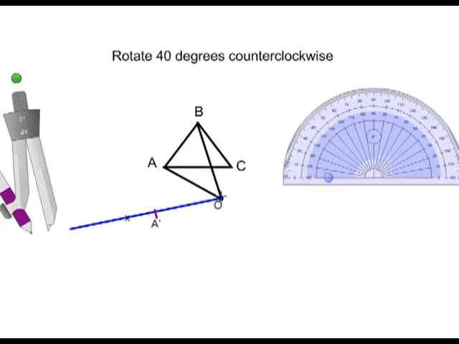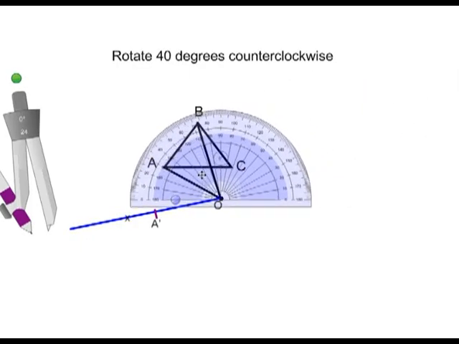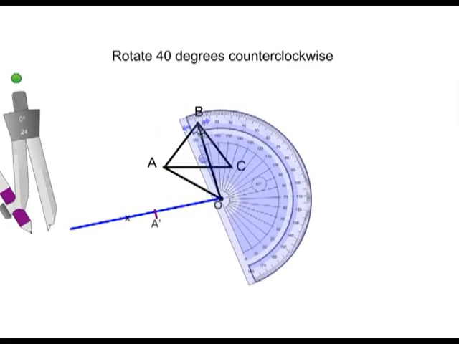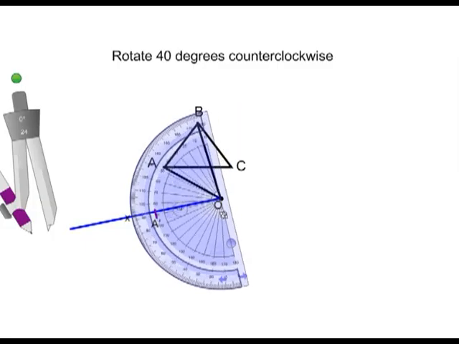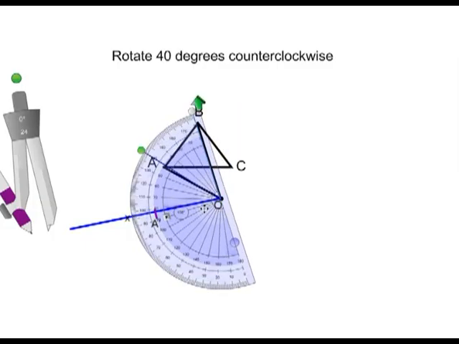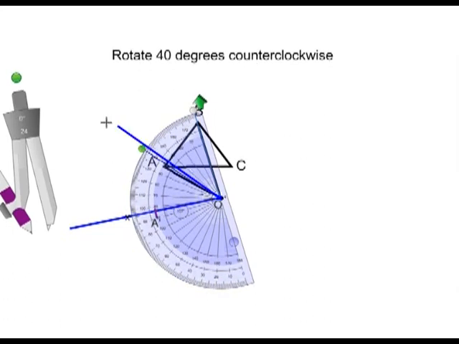Draw the line to O. I place the protractor now and measure 40 degrees in the anti-clockwise direction. That's now lined up, and 40 degrees is there. Remove the protractor and draw that line.